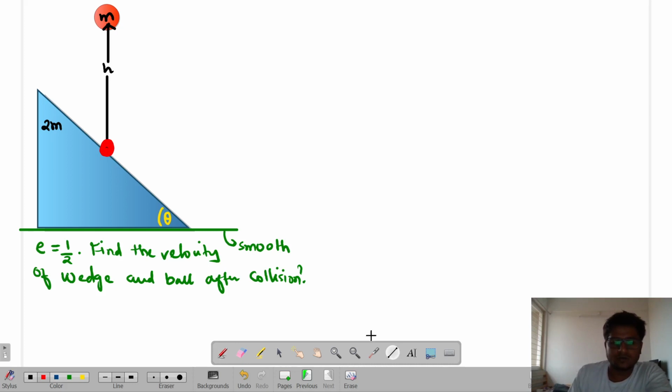So the ball will have a downward velocity V naught. It will have some downward velocity, and that V naught will be nothing but root under 2gh.